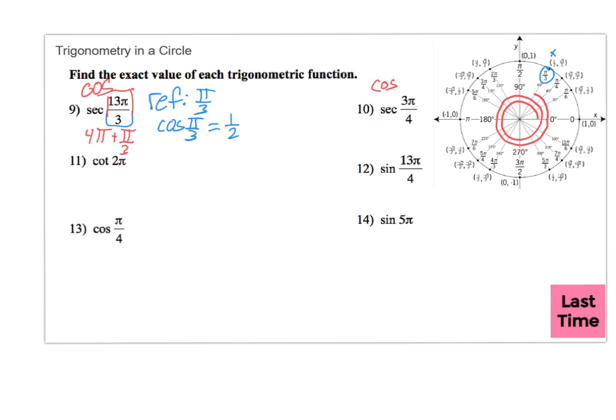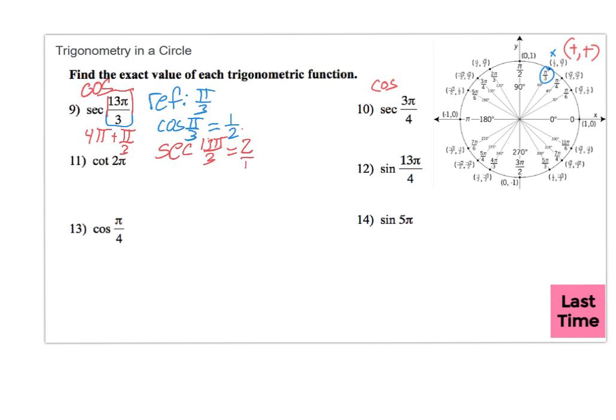So we're going to be in the first quadrant. Everything is going to be positive. So I'm just going to write positive, positive here, so I remember that for myself. And secant is the reciprocal of this, so secant of 13 pi over 3 is going to be the reciprocal of 1/2, so it's going to be 2 over 1.